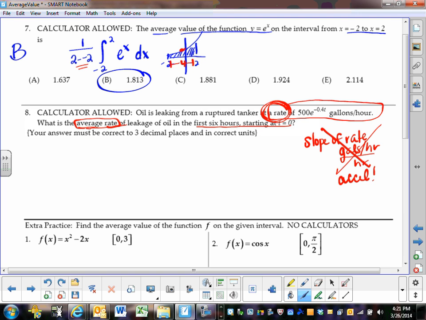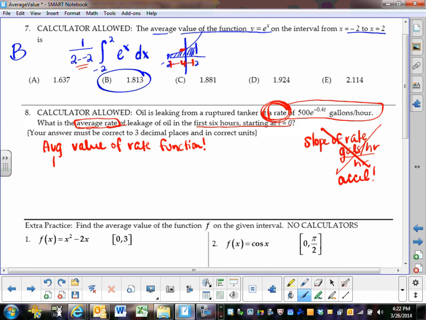So what we really want is the average value of the rate function. So again, what I said before about watching your units, if you can figure out how to make the units work without just changing them because you don't like them, if you figure out how to make the units work with the calculus, then you'll get the right process.